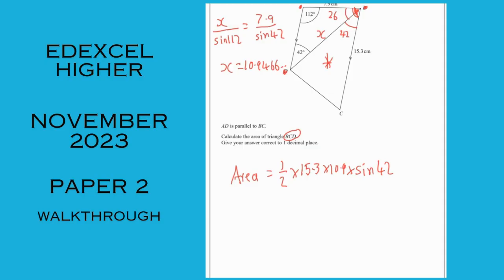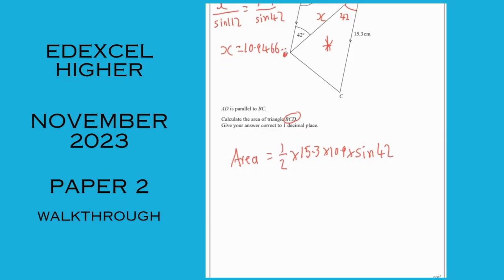So 10.9 times 15.3 divided by 2 times sine 42. We've got 56 as the area.